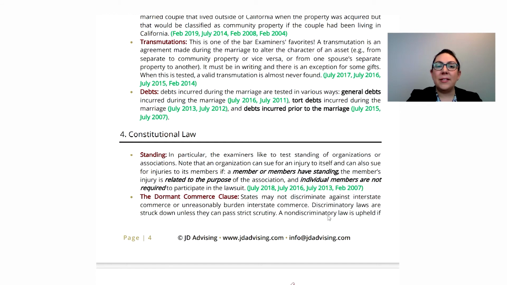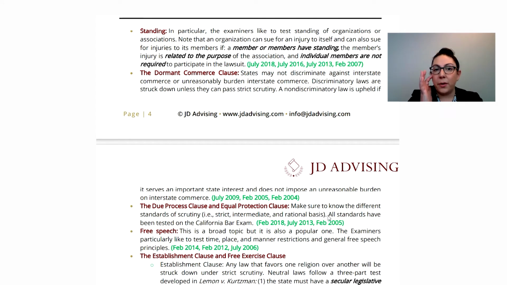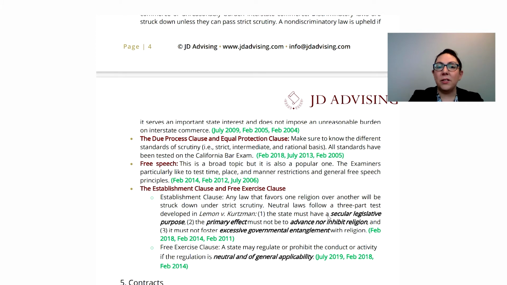Our fourth topic is constitutional law. This one, they can test a lot of different substance of constitutional law. So you'll see that they've tested the Dormant Commerce Clause, the Due Process Clause, the Equal Protection Clause, free speech, freedom of religion, both the Establishment Clause and the Free Exercise Clause.